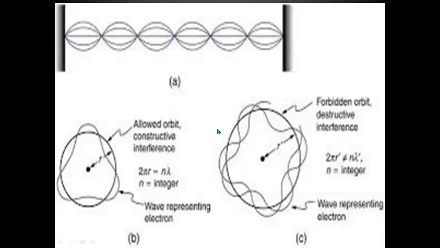How? We have to consider this orbit as a circle, because Bohr's orbits are circular orbits. He assumed orbits to be circular in shape. Now, for a circle, the circumference will be given by 2 pi r.